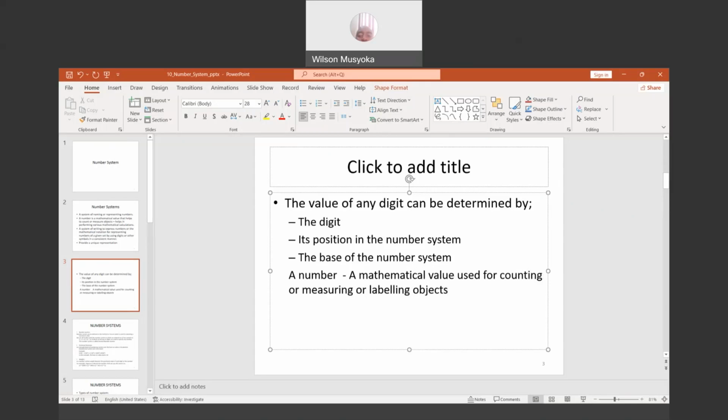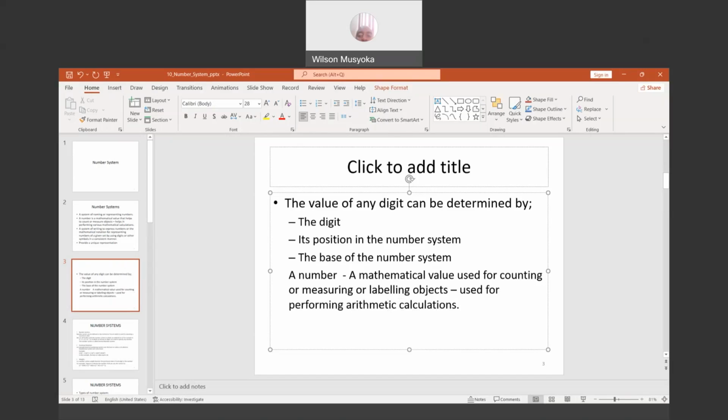That is how you can define a number. And the number is used for performing arithmetic calculations. So that is how you can have numbers being defined.